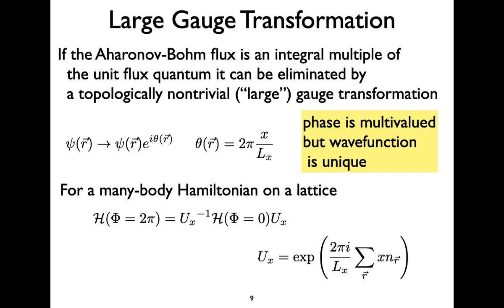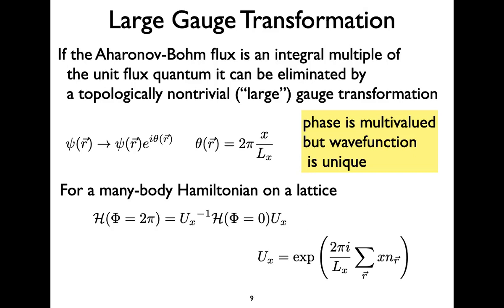Then in a more trivial gauge transformation, this phase factor is a single valued function of the location. But in a topologically non-trivial space, like annulus or torus, this phase factor can be multi-valued, because you go around the system once and you come back to the original location, but the phase factor can increase by 2 pi, because phase 2 pi is equivalent to zero.